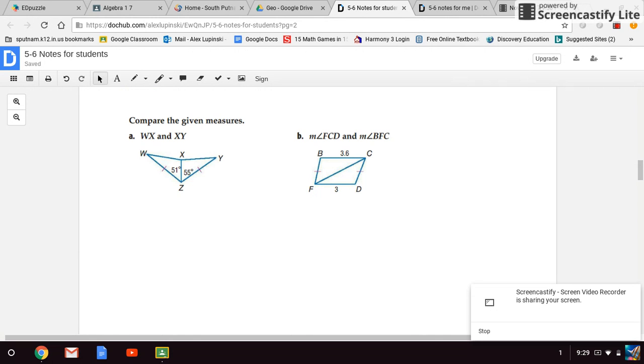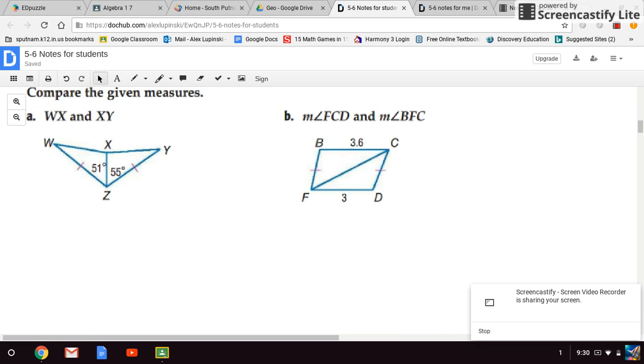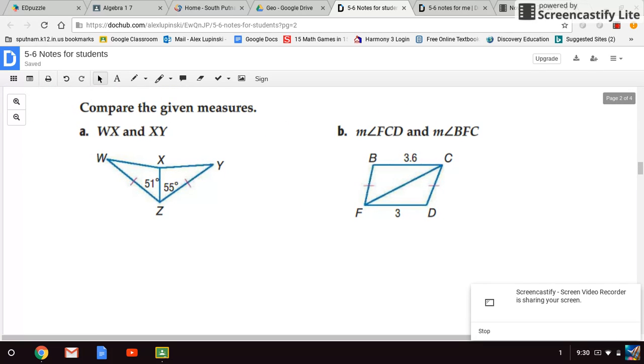So let's use that fact. In A, you have to compare the given measures. So we have WX, which is 3, and I'll make XY have 2.